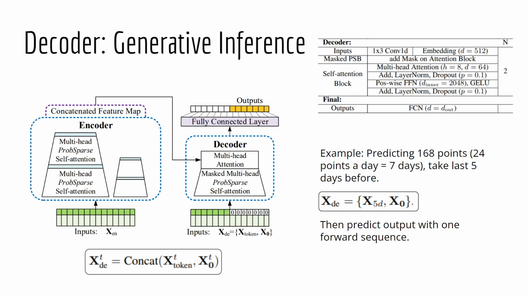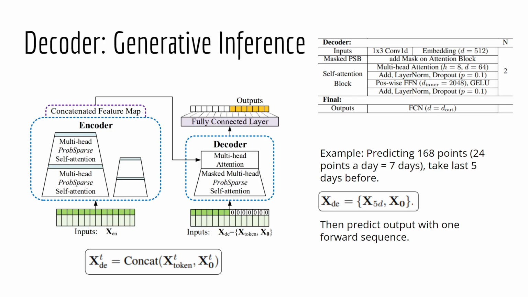The decoder structure takes in the input and does ProbSparse self-attention with a mask on the part that will eventually be the output. Then it does regular attention with the output of the encoder and an FC layer to return the output. Here is an example of how the decoder works.